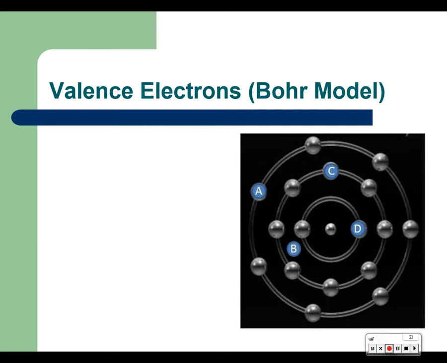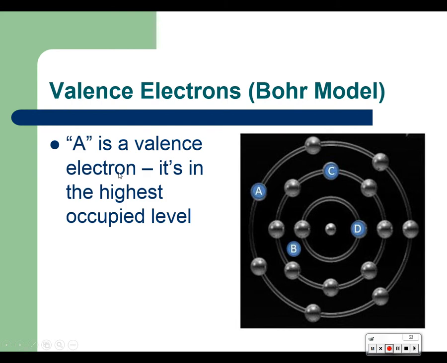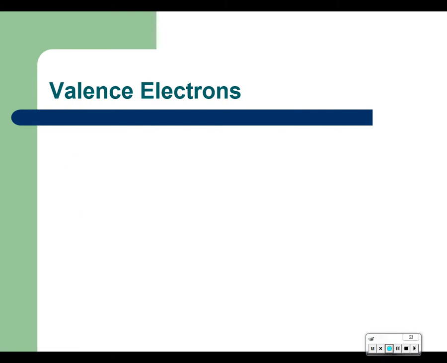A, right? Bohr models are good for showing valence electrons. They don't show s orbitals and p orbitals, but they do show electrons in the highest energy level. That's why we still use Bohr models, because valence electrons are important to understand element behavior, right? So A is a valence electron. It's in the highest occupied energy level.